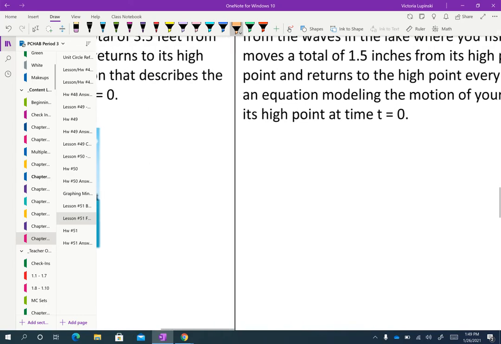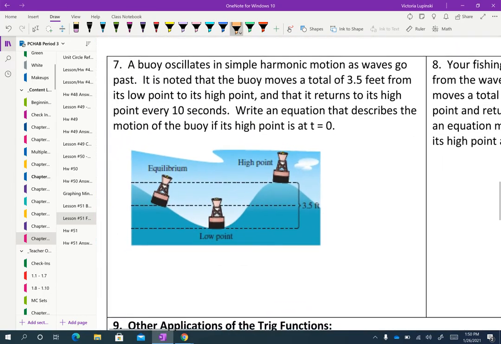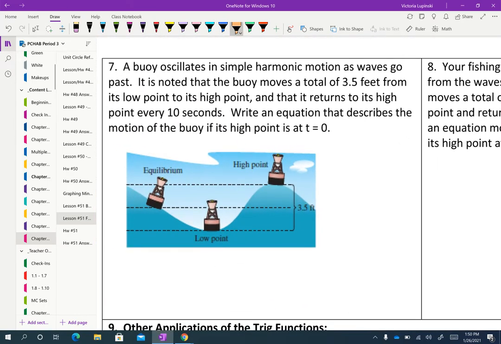So also from the front, remember that you're not just using harmonic motion for things that simply go up and down like a spring. You're talking about anything that rotates, oscillates, or makes some kind of a wave motion. So in terms of a wave motion, we're going to talk about a buoy in the ocean. It turns out that it follows a simple harmonic motion pattern as the waves go by.